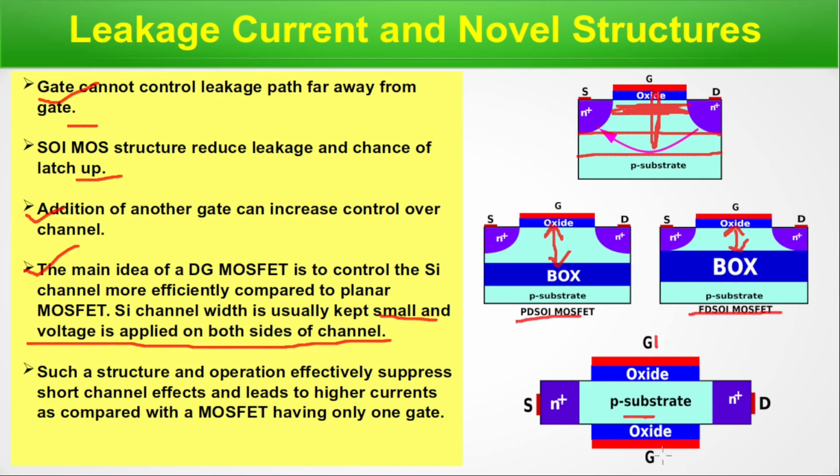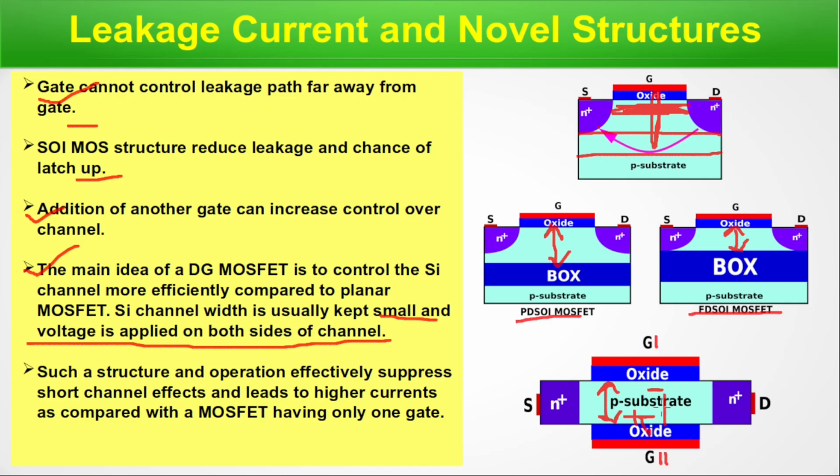If we call this one gate 1 and this gate 2, this zone is far away from gate 1 but closer to gate 2, and this zone is far away from gate 2 but closer to gate 1. So if we consider this total width or thickness, the whole area is more or less in control of the two gates.